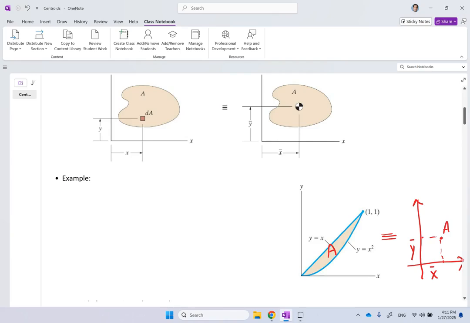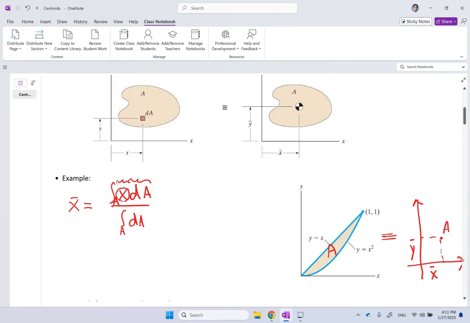Now, if you look at the x bar, remember x bar was the integral of x dA over the integral of dA, which is the entire area. And they are both over the entire A. Now, if you look here, this dA element is multiplied by its x coordinate.